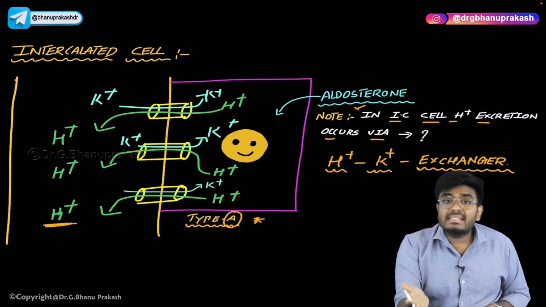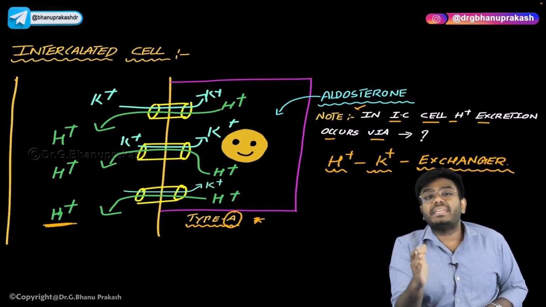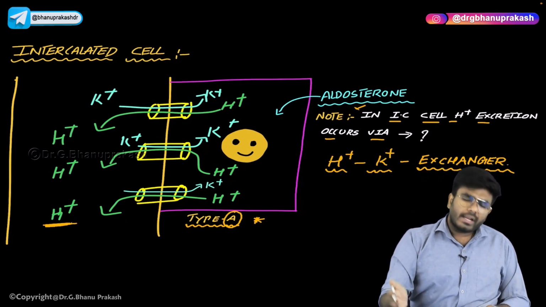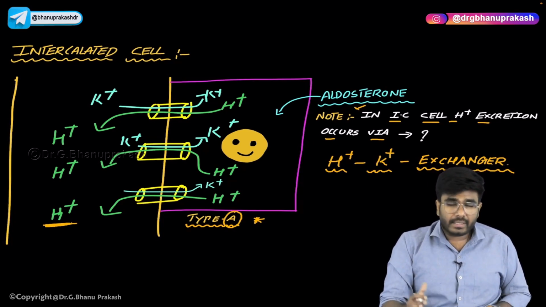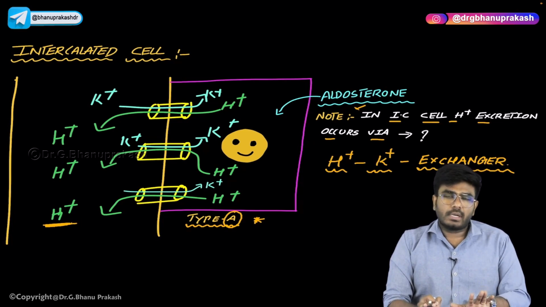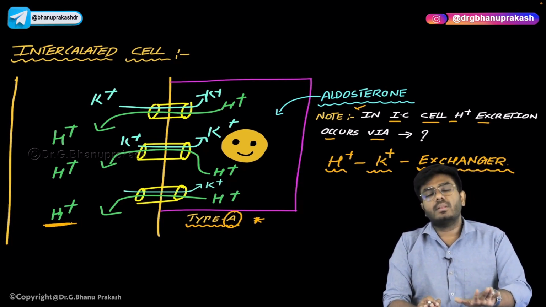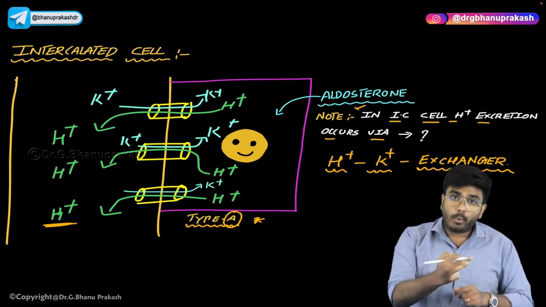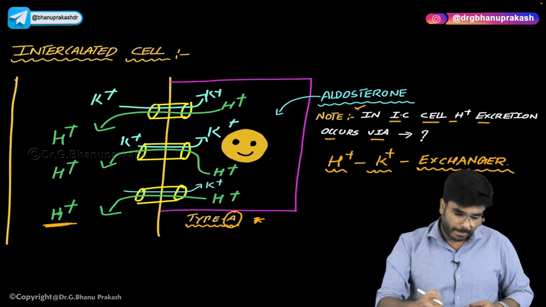So acid excreting intercalated cells are type A. Base excreting are type B. At the end of the lecture, we will discuss what exactly type B intercalated cells are and their functions. For now, aldosterone acts on type A intercalated cells, helping in proton excretion exchanged for potassium intake.